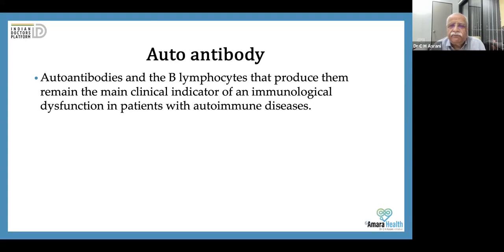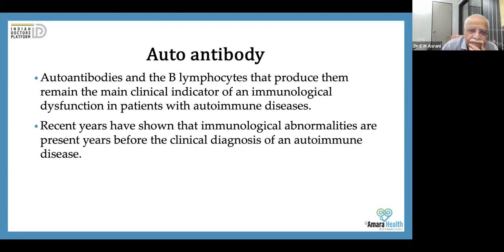Autoantibodies and the B lymphocytes that produce them remain the main clinical indicator of an immunological dysfunction in patients with autoimmune disorders. We need to do certain tests in autoimmune disorders.